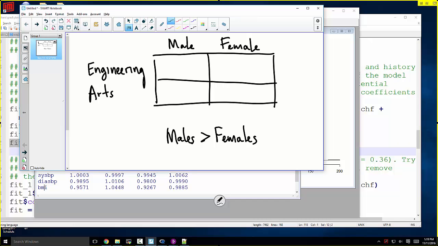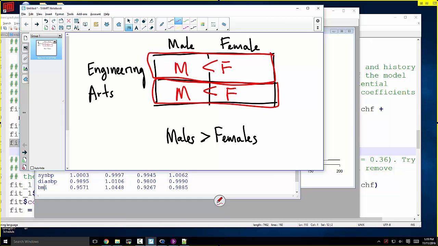So it is possible to have marginally the estimated effect of gender is that males get more. But if you went and looked within the same category, you could have data where female is greater than male in engineering, and within arts, female is greater than male.